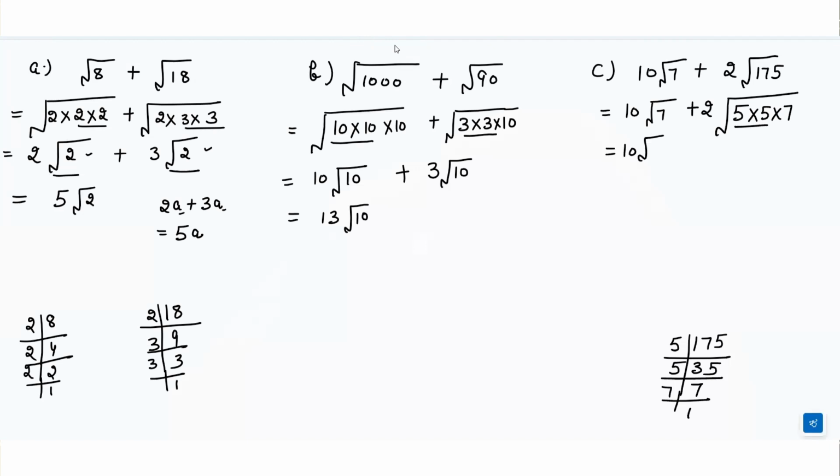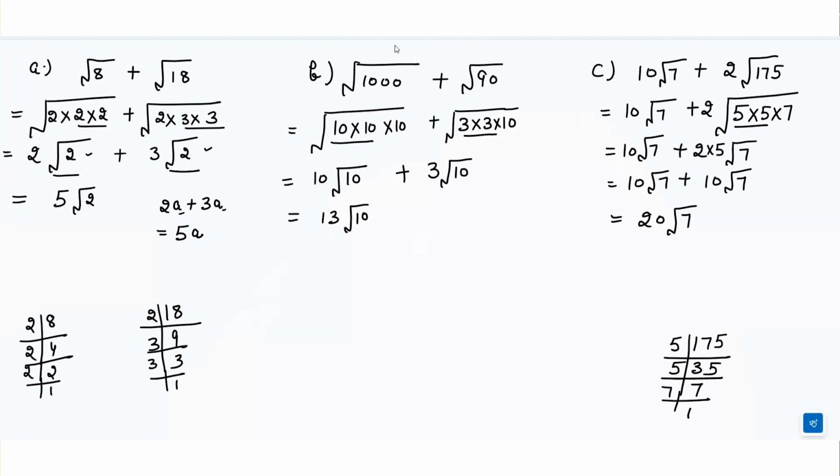So we can write it as plus 2. Now if I write this 5 outside, I will multiply it with 2 and then 7 is left. So 2 into 5 is 10 root 7. So 10 plus 10 is 20 and we write root 7 along with it.